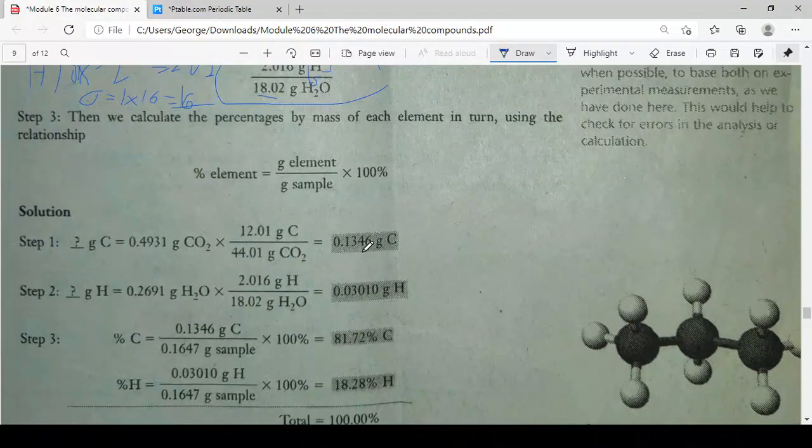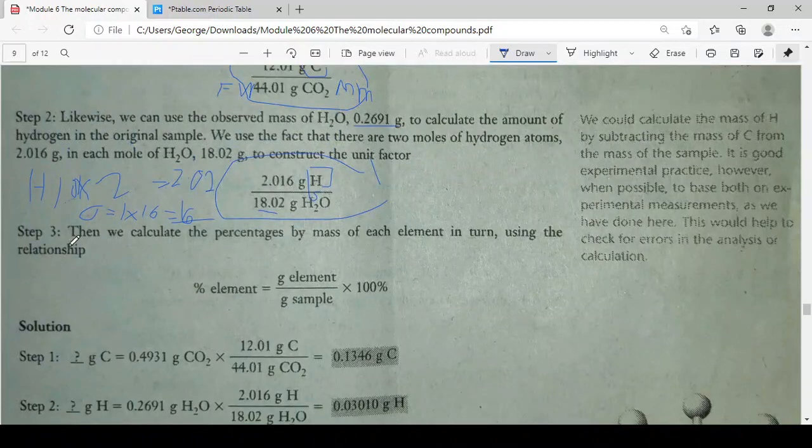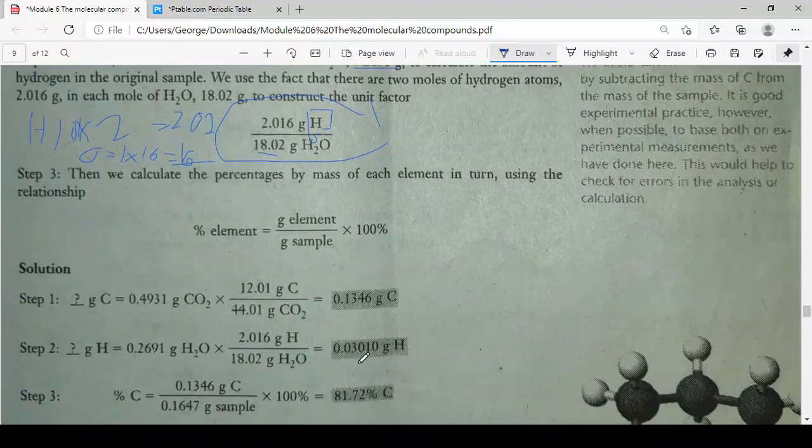This is how you get your percent composition, right? So in this step 3, we calculate the percentage by mass of each element in turn using the relationship.